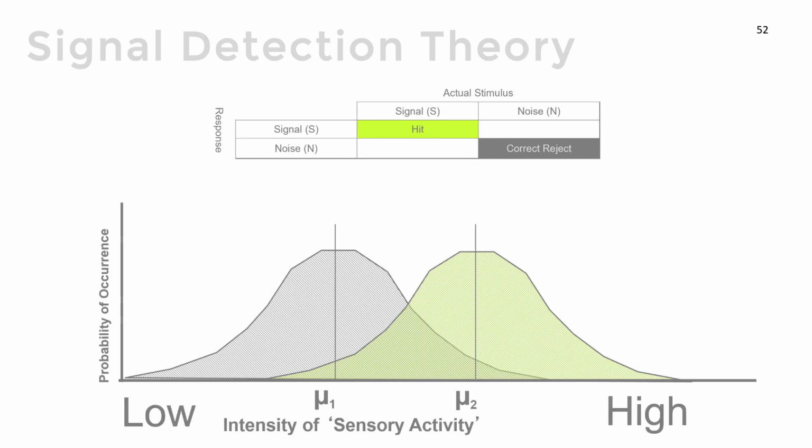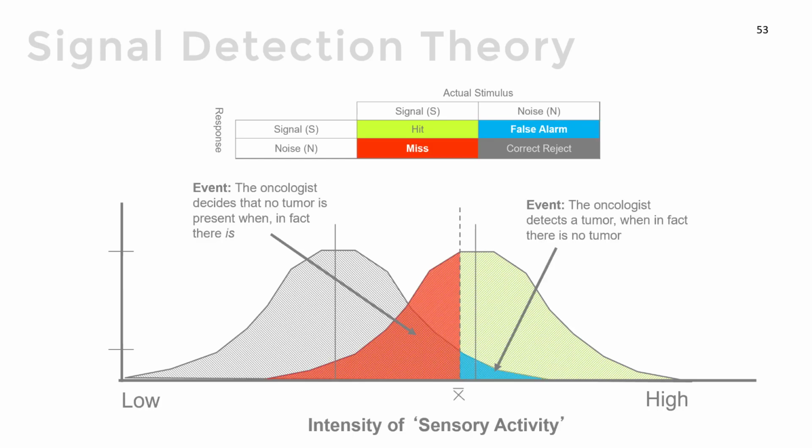So let's assume that our doctor is fairly sensitive to distinguishing between signals and noise. And when he makes a decision, it falls here on our graph. At this point, we can begin to deduce some information about how our doctor makes decisions. So let's call this A. It's where the black curve, so no tumors, intersects our decision line.